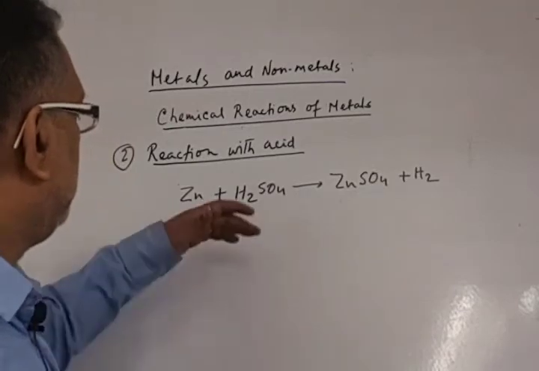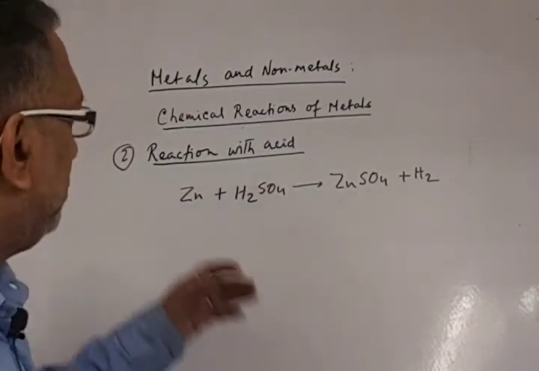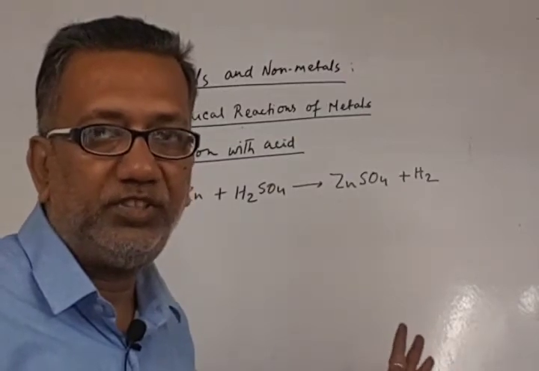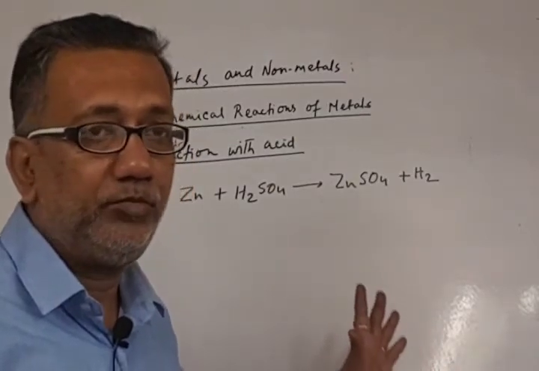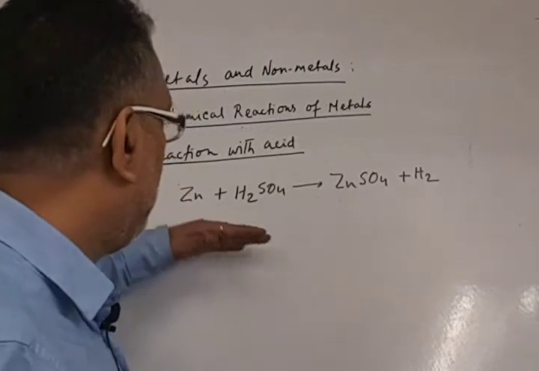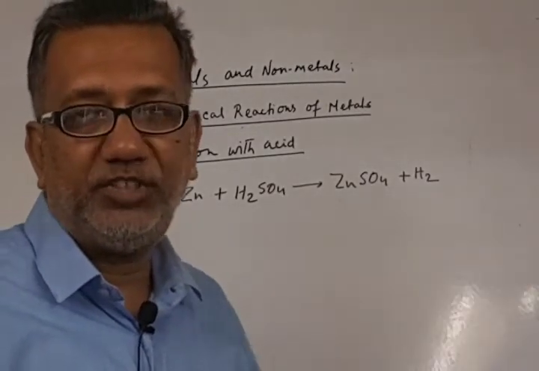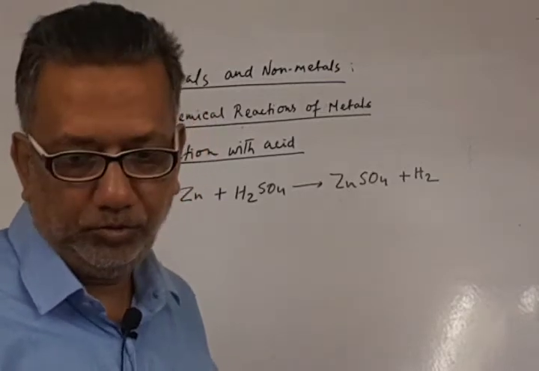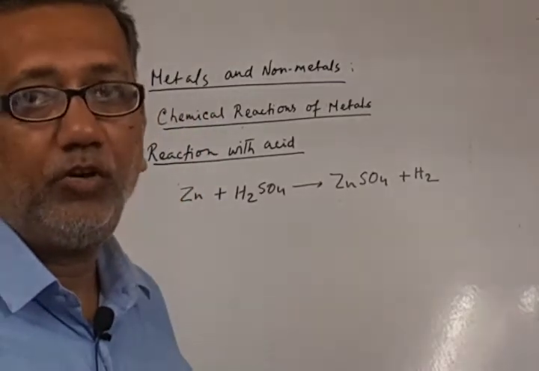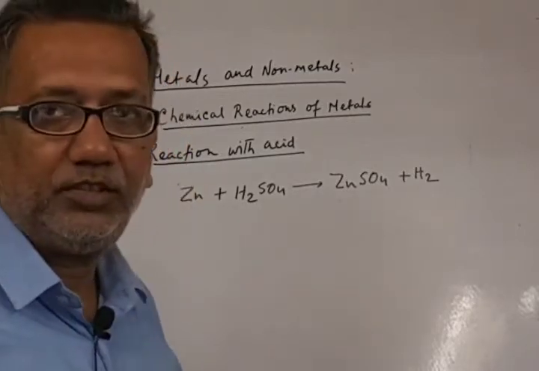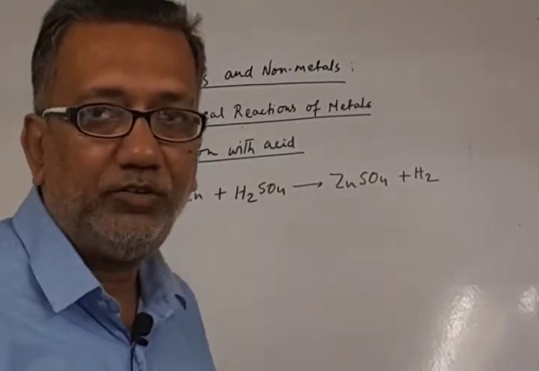But we see that as per the table, zinc is in the middle position of the table. Those elements above zinc, suppose calcium or magnesium, react with sulfuric acid to produce hydrogen gas.